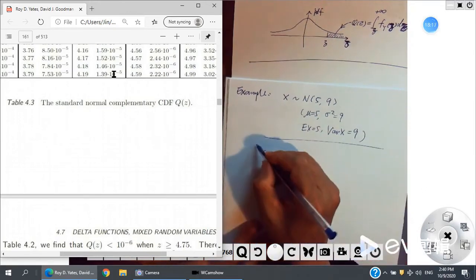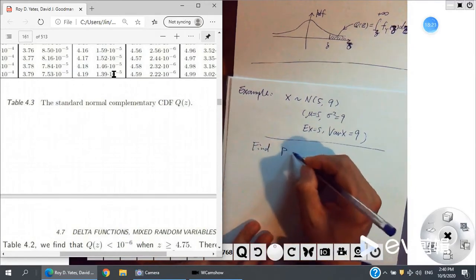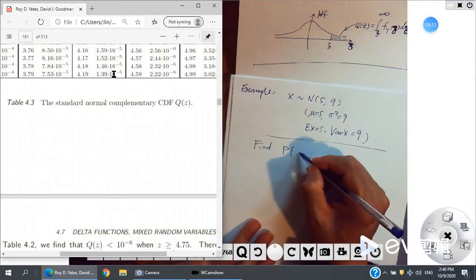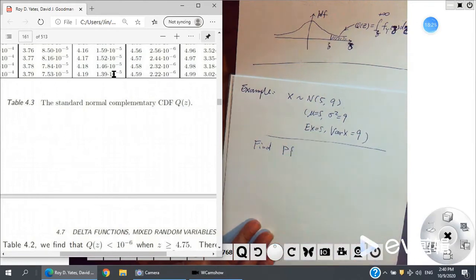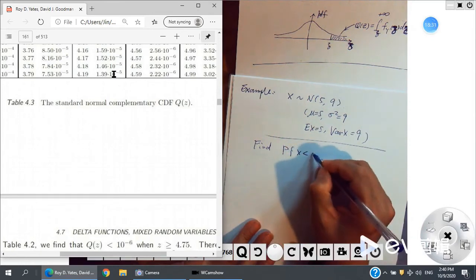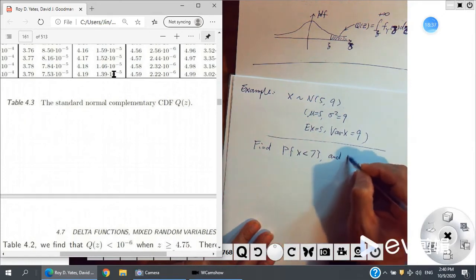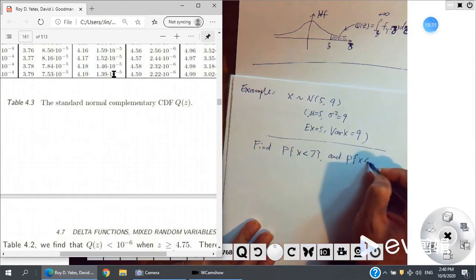We want to find the probability of a value. I can consider two things. One is the probability X smaller than 7, and another is the probability X smaller than 4.